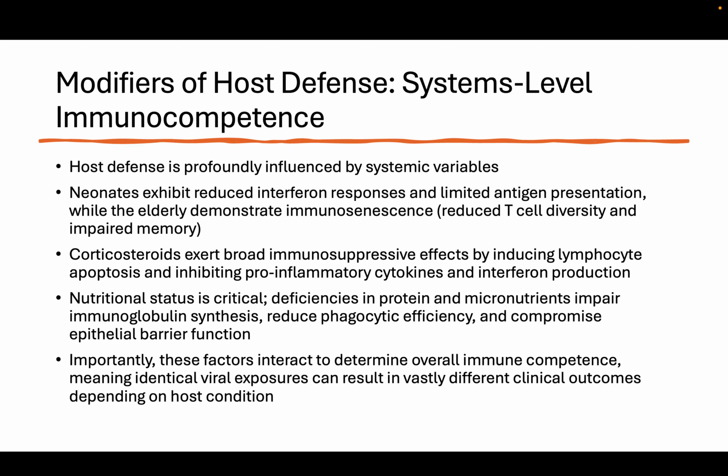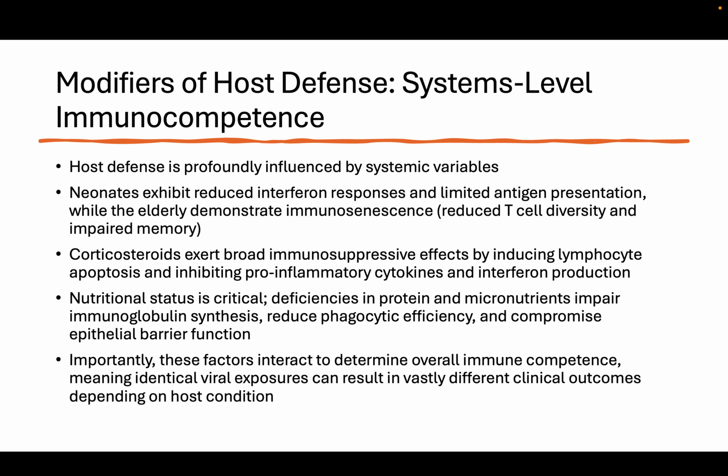We also see that with our host defense, you have levels of immunocompetence. Babies do not have antibodies, and their T cells are not the greatest. So babies are much more infected with viruses compared to a teenager, because their immune system is not the best.